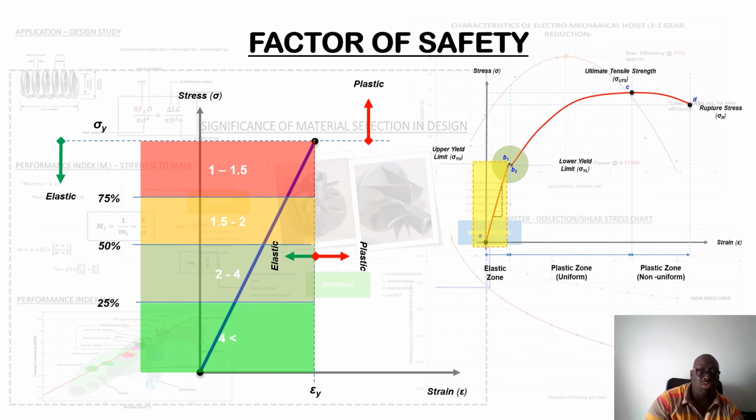So in the red region, you're more or less looking at materials that you have a very good idea or a very good, substantial knowledge base of. And you're also looking at situations whereby loading is not critical. And again, anything from 1.5 to 4 and above, this is where you're looking at situations whereby the knowledge base is not that great.